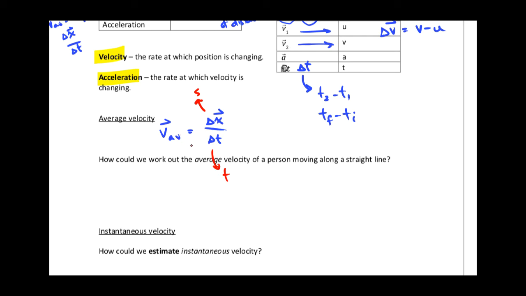So you take the change in position divided by the elapsed time. Again, that's equal to position 2 minus position 1. Position itself is a vector because it's relative to the origin. You want to know, are you to the right, to the left, to the north, to the south? T2 minus T1. So average velocity is change in position over change in time.